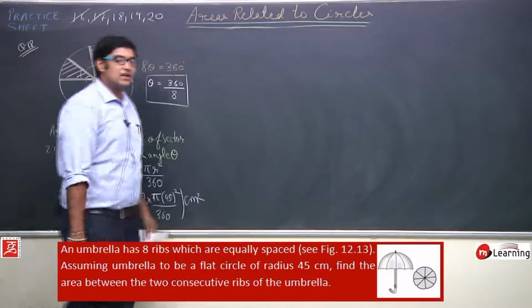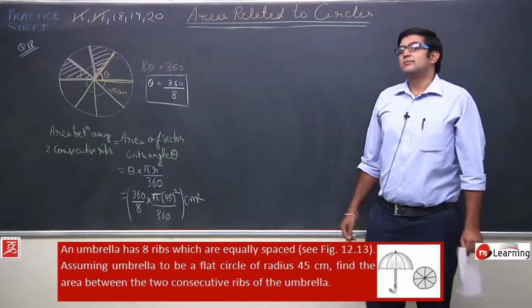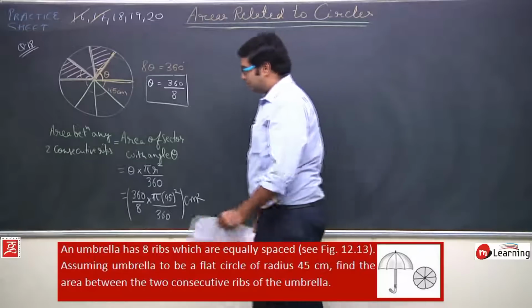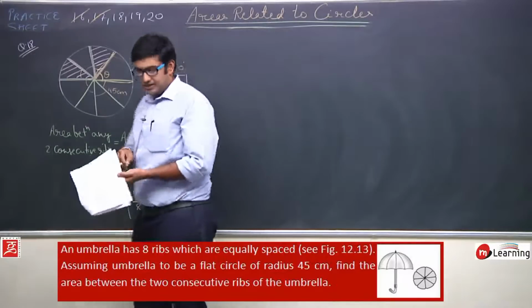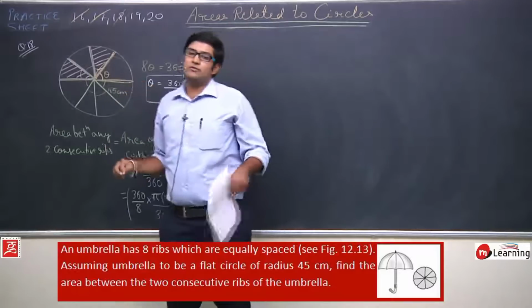This is the area between any two consecutive ribs of this particular umbrella. You can see this question is also very simple. We have just applied the formula for area of sector.